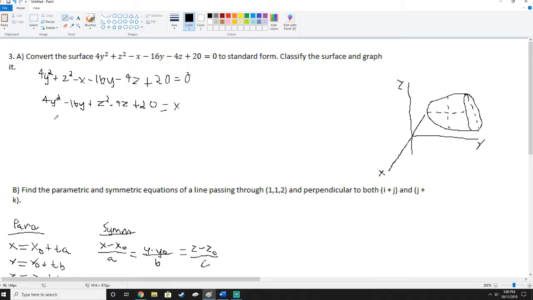We're also going to factor out a 4 to make our lives easier. So we should end up with 4 times y squared minus 4y plus 4.